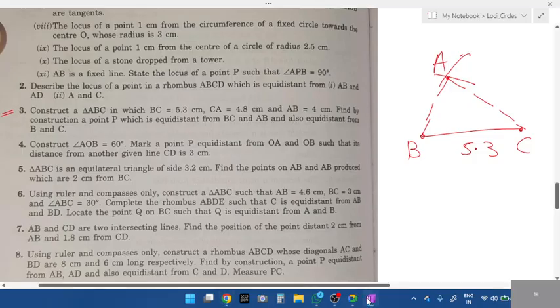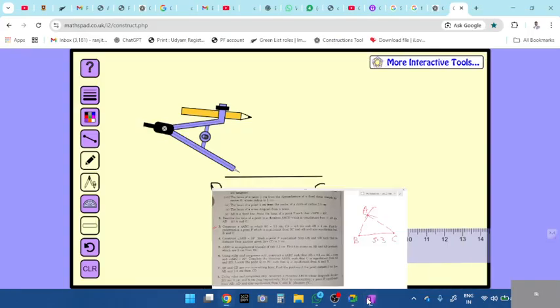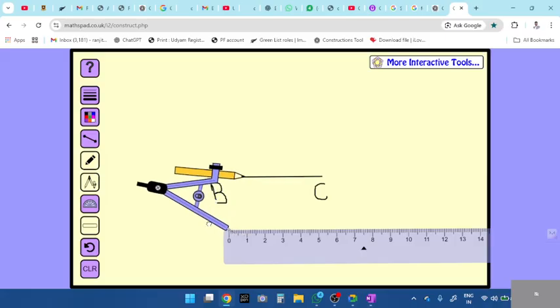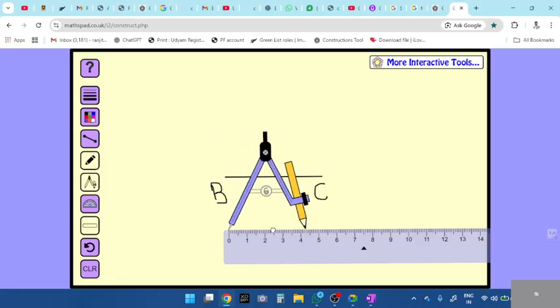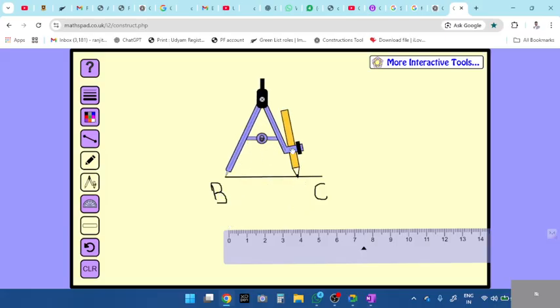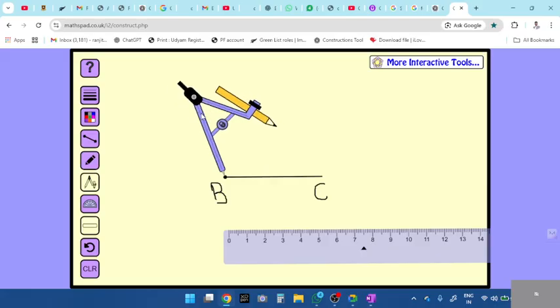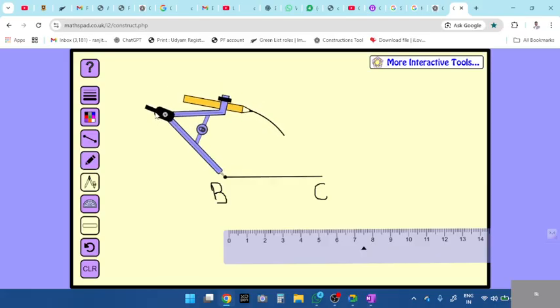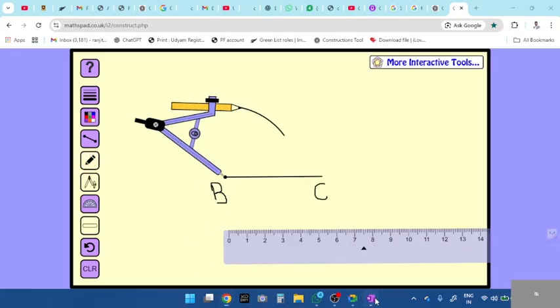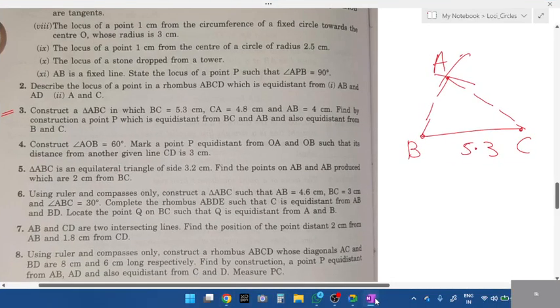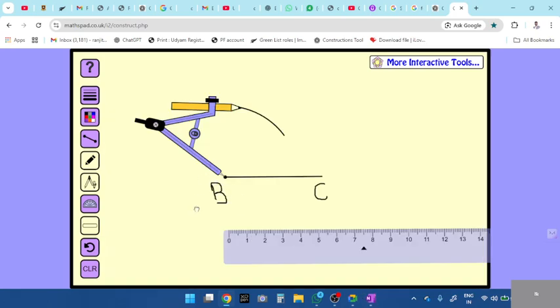Baseline. The other two lines you should use compass, students. What is AB? AB is 4 centimeters. AC is 4.8 centimeters. Let me draw AB first, 4 centimeters. AC is 4.8 centimeters. Take 4.8.